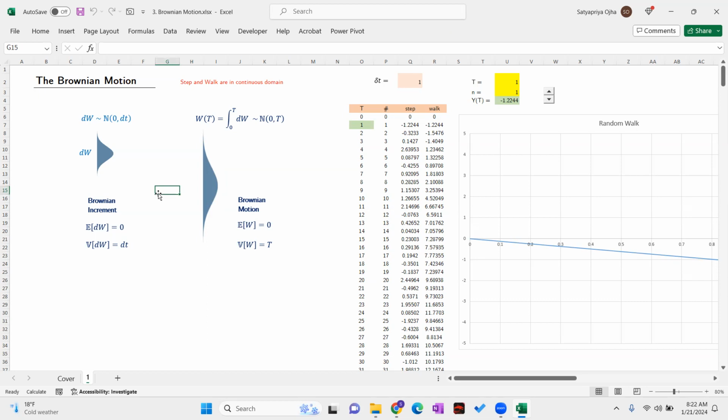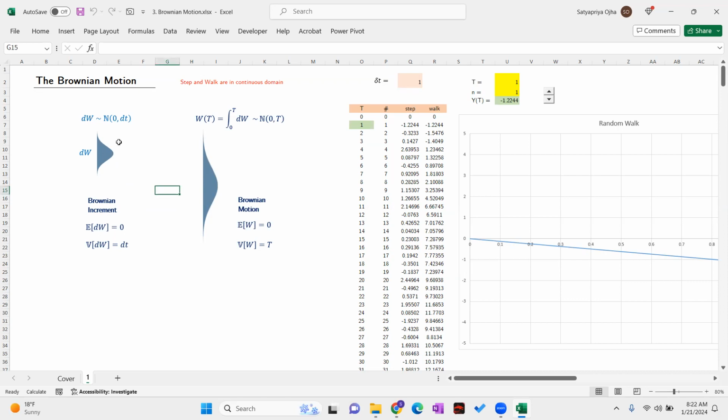Remember, the means get added, the variances also get added, provided the steps or the increments are independent and of course identical. If it's independent, there'll be no covariance. If it is identical, then everything has the same variance. You can just multiply the number of steps.